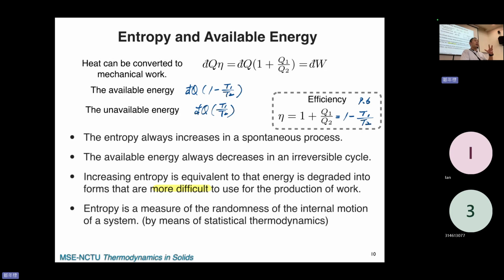Which means that it is more difficult to manipulate and control all the internal motion of the particles or molecules. So the randomness increases the entropy, and also increases the part that you cannot control and cannot use as work. So there is more unavailable energy.